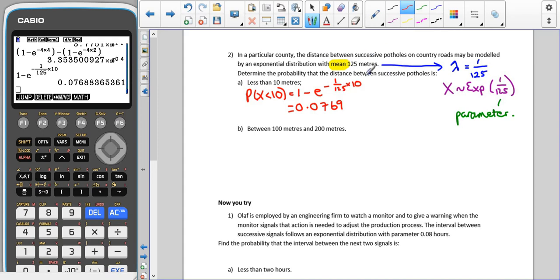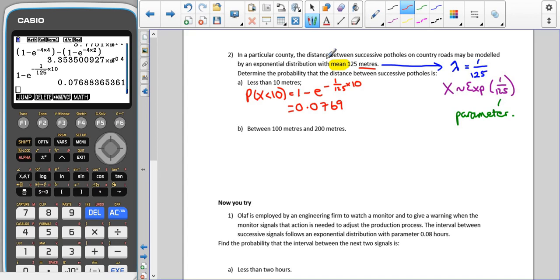Now another thing that you might have noticed is that this time we're talking about meters, we're not talking about time. Time is just a term that I've used, but if it says in a question, let's say for instance, that the number of errors in a piece of fabric that's being created is 1 every 3 meters, then we're not going to measure the distance between those Poisson events as actual time.